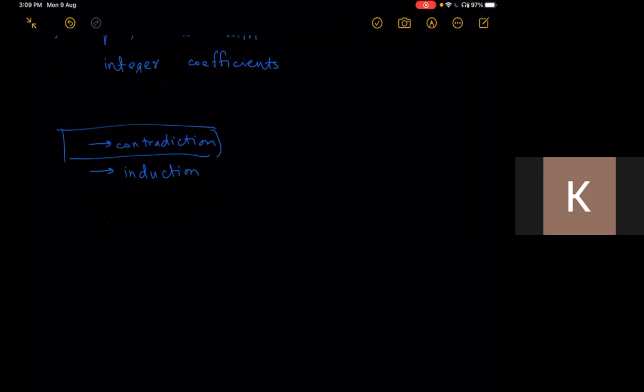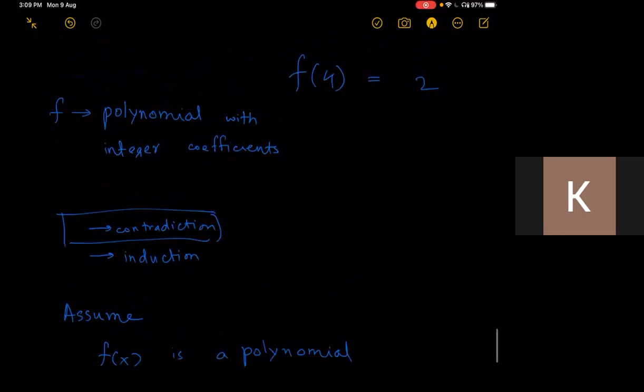just a minute. So let us assume that f(x) is a polynomial. Actually, it need not be with integer coefficients. Actually, no, it has to be.